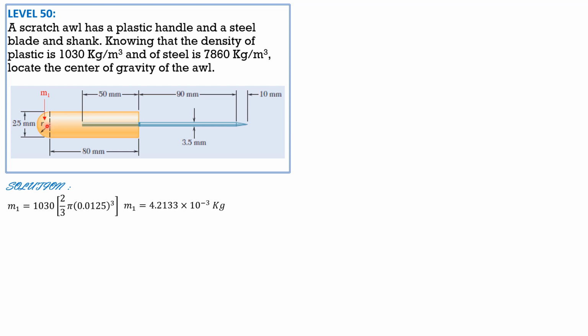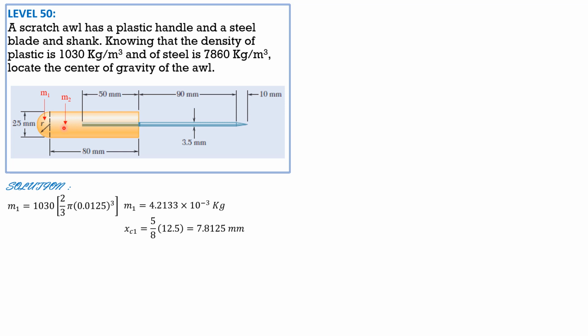Therefore, its center of gravity or centroid from the leftmost end is 5/8 of the radius. 5/8 of 12.5 mm is equal to 7.8125 mm.